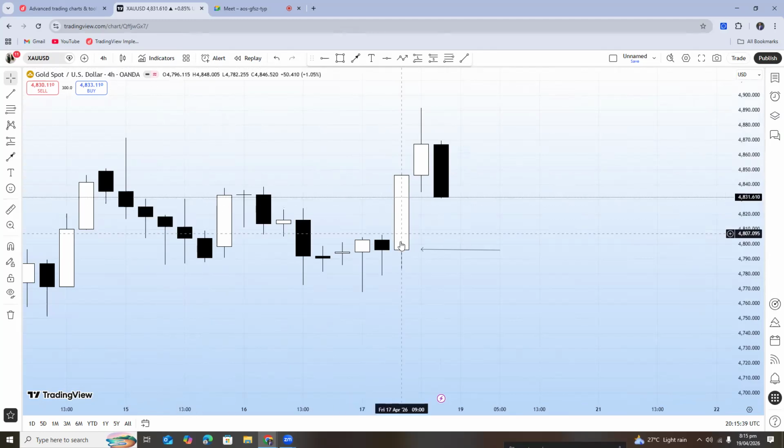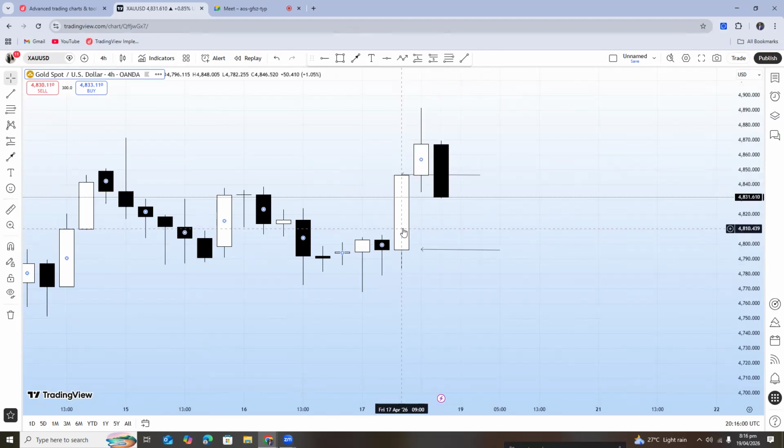So this candle has its open here, and then the C represents the close. So this candle has its close here.